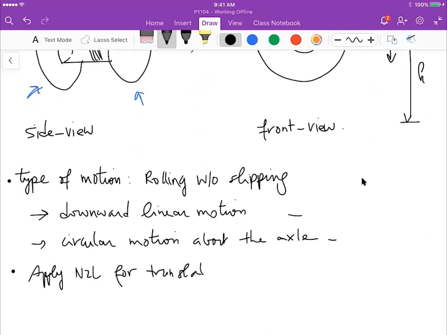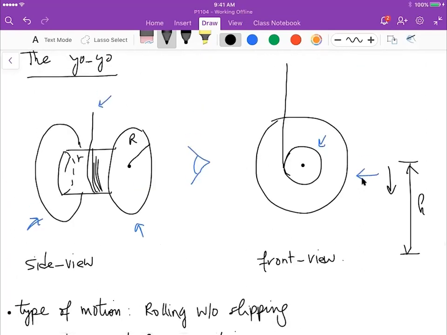And before we do so, before we start with translation and rotation, let's see what the forces are that are acting on this system. First, obviously you have the weight. This is the force acting on this object, and it's pointing downward because this force is exerted by the earth on this yo-yo.